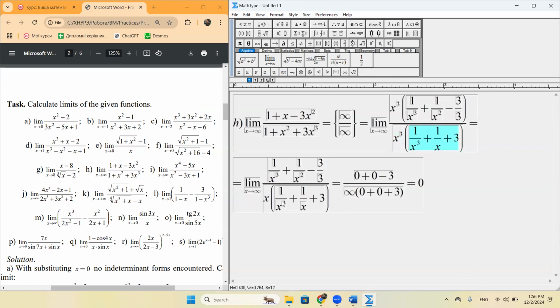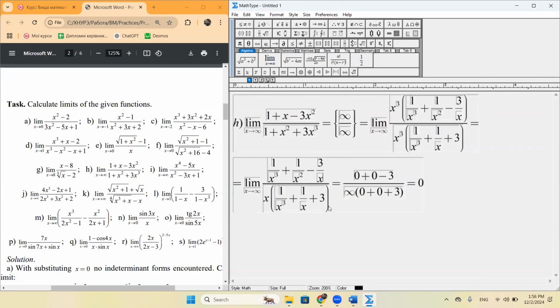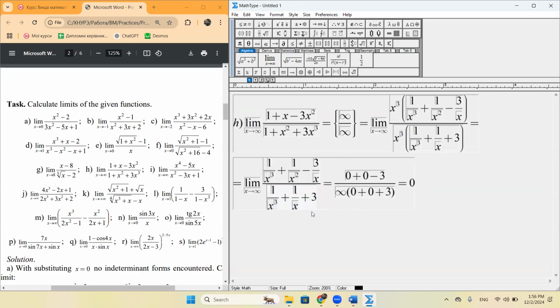Sorry, put x instead of the three, there. Yeah. So misclick or mistype. So correct to say correctly. Yeah. So now what we have? So 0 plus 0 minus 0 in the numerator, and in the denominator 0 plus 0 plus 3.